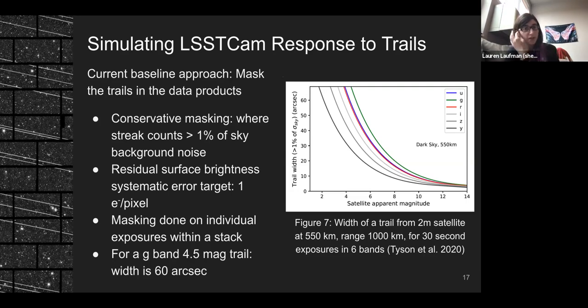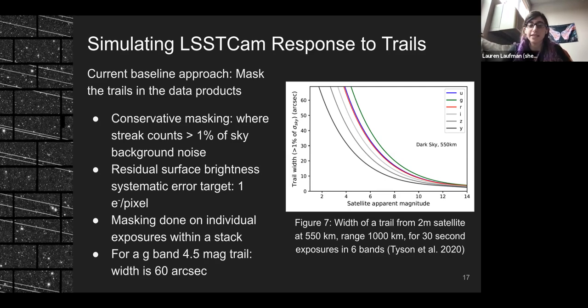So masking, can we actually do this? If we want to be extra conservative and make sure that we're getting rid of the peak of the trail and kind of out to the sides as well, you want to do this where the streak counts are greater than 1% of the sky's background noise. Goals of having a residual surface brightness systematic error target of 1 single electron per pixel.